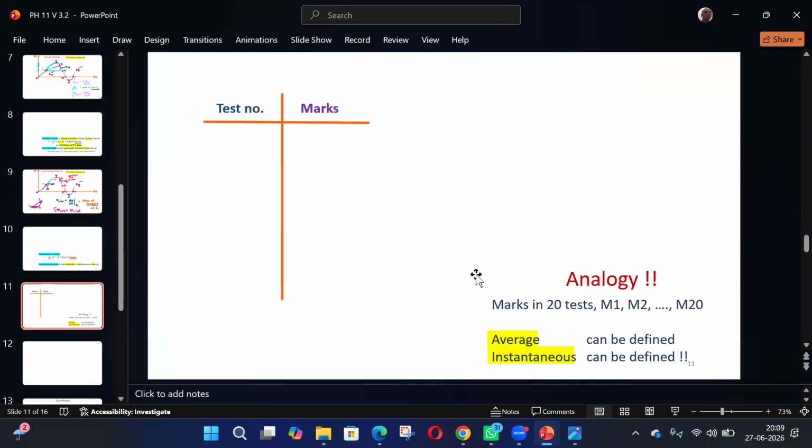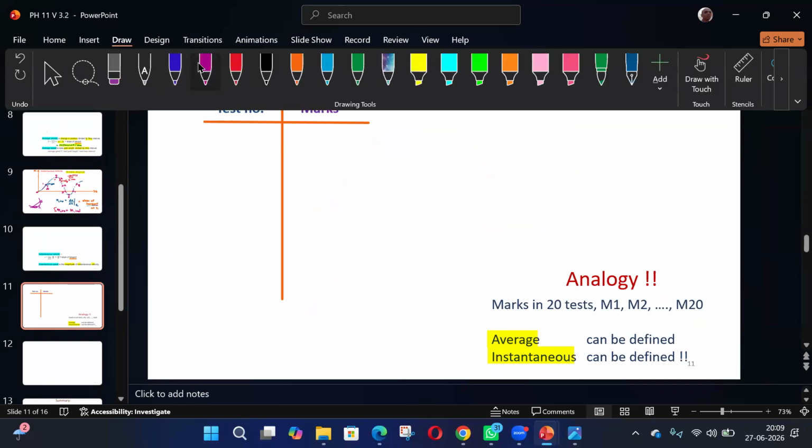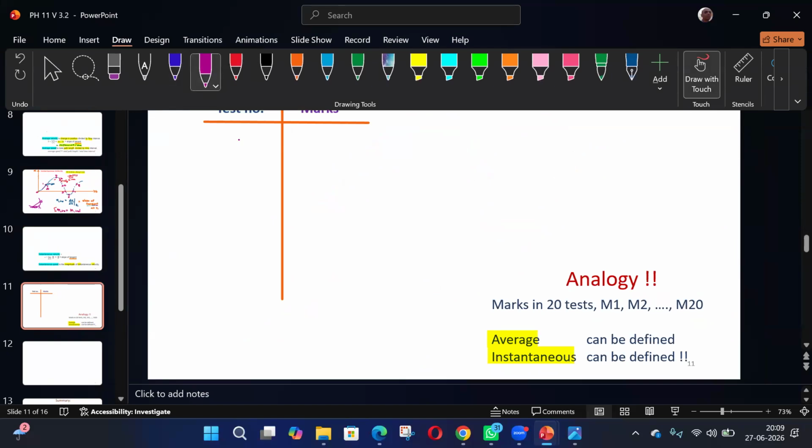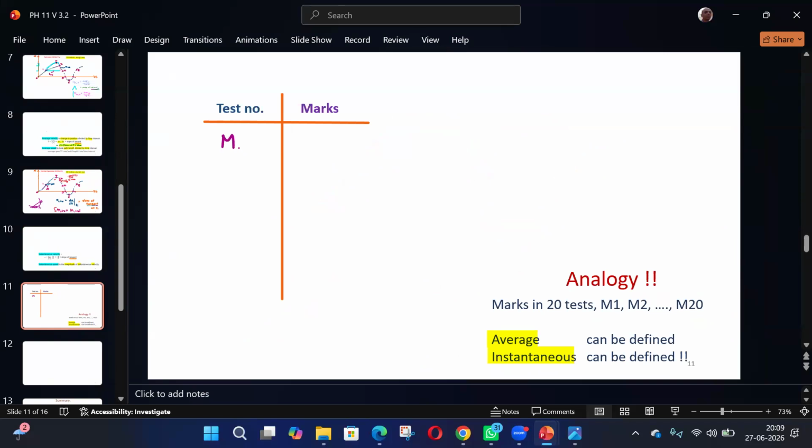An analogy, if you want to understand further: suppose you have weekly tests, right? Just to understand average and instantaneous, see, in the first month, first week test I'm getting some mark, say M11.